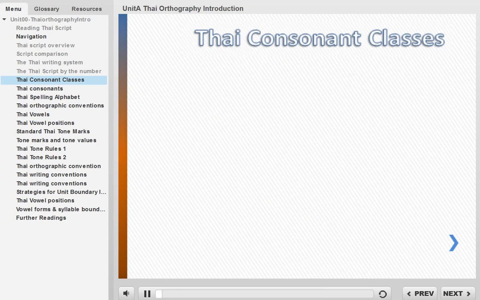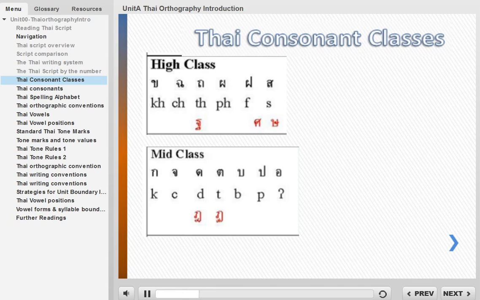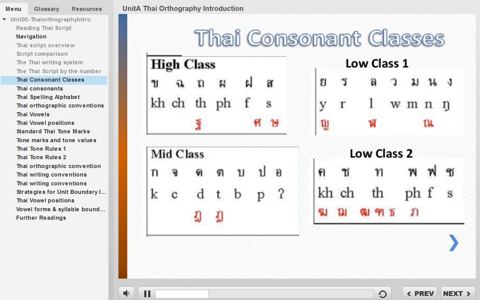Now let's take a look at each grouping of the Thai script, starting with the consonants. The 44 consonants are grouped into 3 classes, high, mid, and low, classified by their tonal qualities, which are their inherent tones and their tonal interaction with the tone marks. The 2 obsolete consonants, those which are not in use, are not included in the charts.